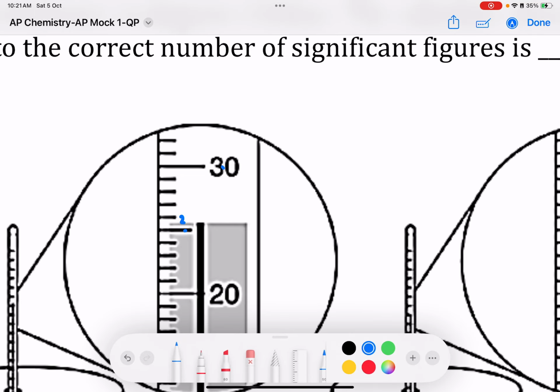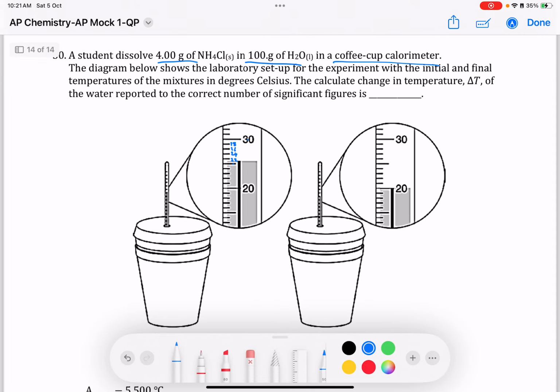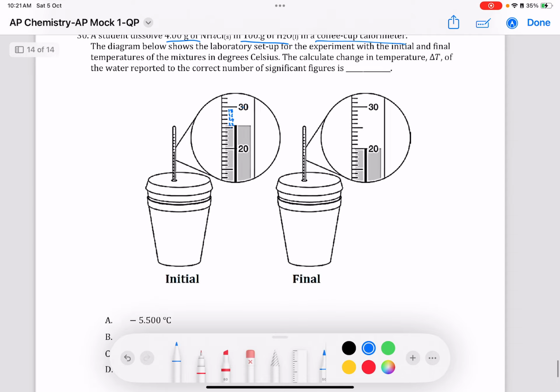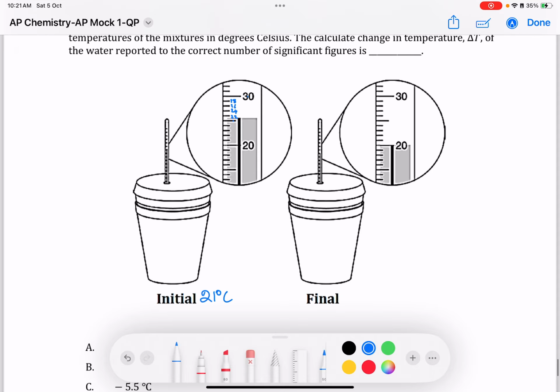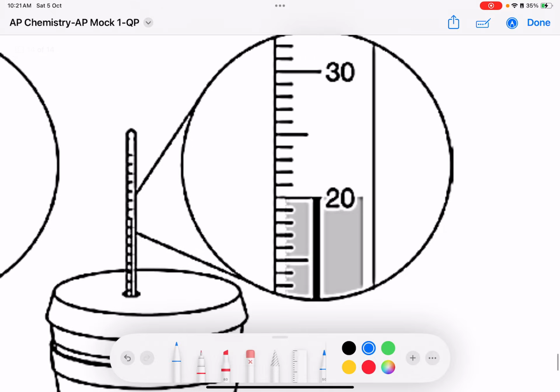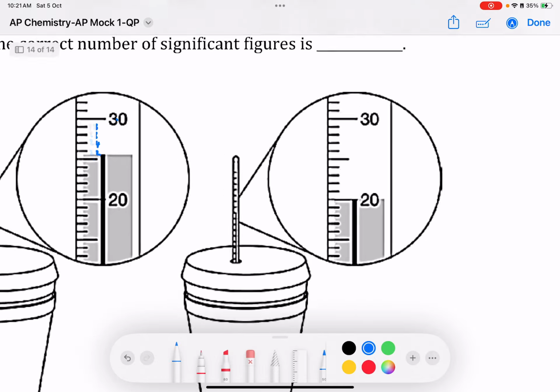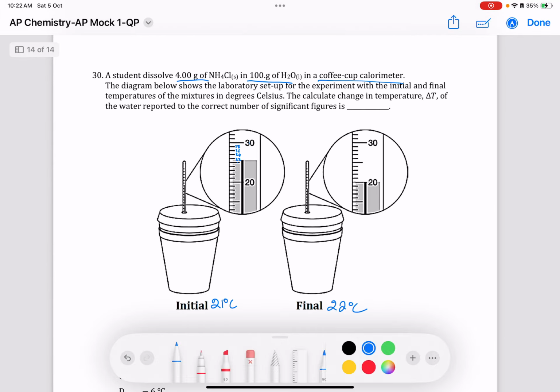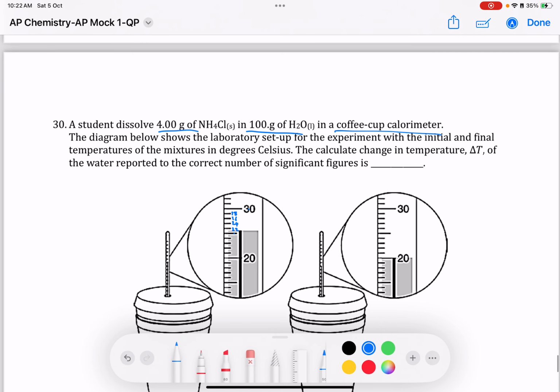So 22, 24, 26, 28, 30 degrees Celsius. So this being between the 20 and the 22, the initial temperature is 21 degrees Celsius. The final temperature is 22 degrees Celsius.